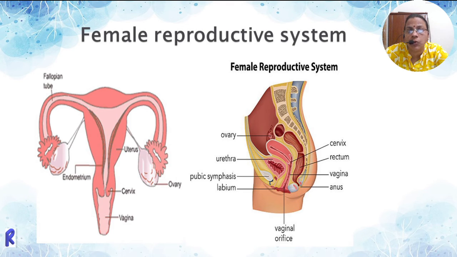And this released ova will be collected by finger-like processes called fimbriae. And it is absorbed into the fallopian funnel, which is a funnel-shaped widened region. And from there, it can pass through this narrow passage. That passage is called the tubular region, oviduct or fallopian tube.